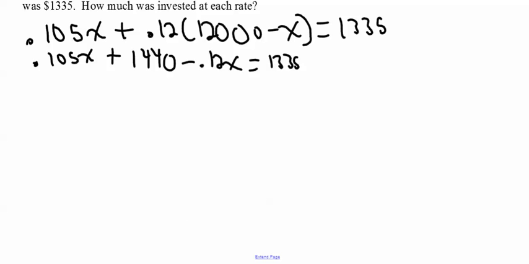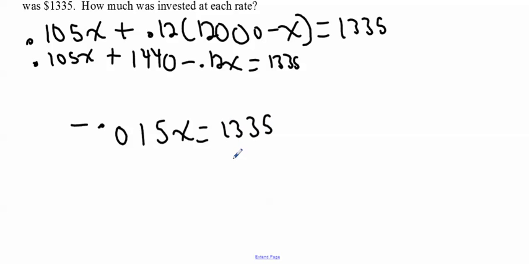Okay, the next thing you want to do is combine that 0.105x with that negative 0.12x, and you're going to get negative 0.015x, and that's equal to 1,335 minus 1440.